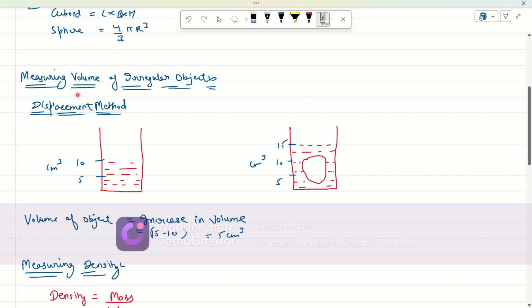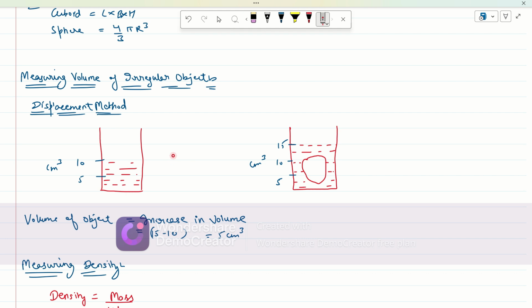Then you have to use the displacement method. What is the displacement method? First of all, you will take a known volume of water in a measuring cylinder. Let's say it is 10 centimeter cube. You will put that irregular shaped object in. The volume will increase. Now the new volume you can see is 15 centimeter cube. The increase in volume will give you the volume of the object.